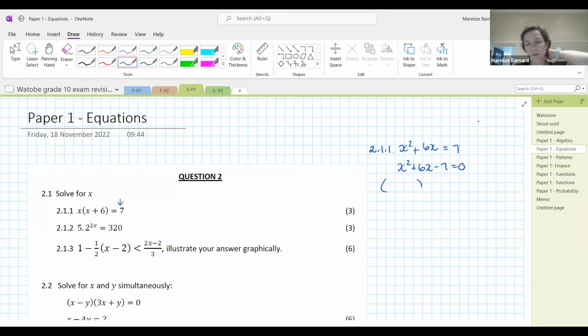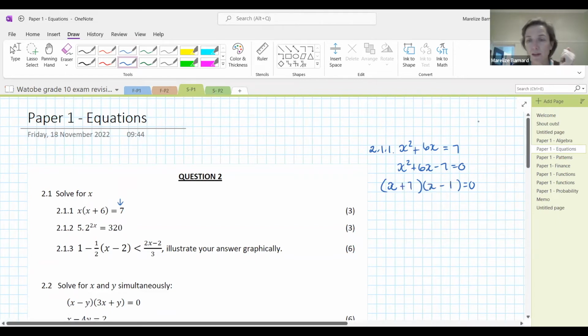So we're going to factorize it. Remember, with a quadratic equation, the 3 terms of the equation stick together on the same side. And we get x plus 7, x minus 1 are the factors. Kensani also agrees, so we get x is minus 7 or x is 1.